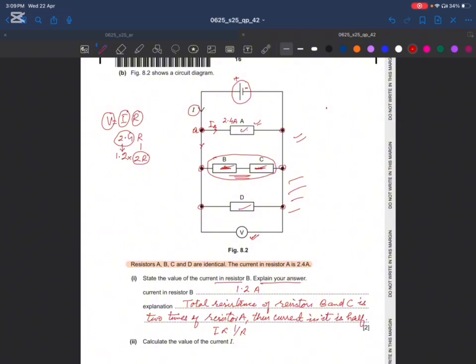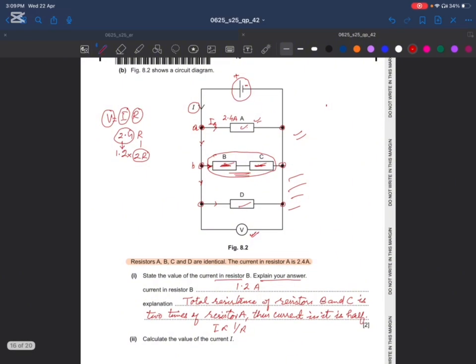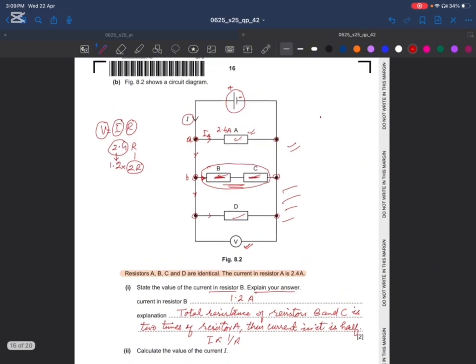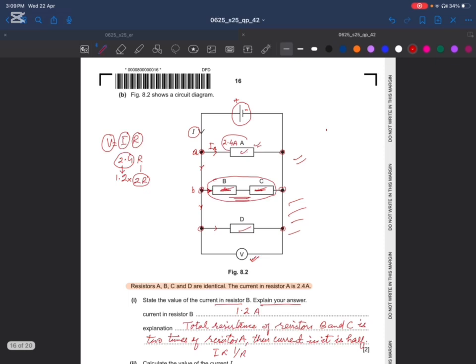Then at this junction, say B, a part will go to the branch B and C, and the rest will go towards D. So again the same logic you can use, that here you have the current of 2.4 ampere. So the same value of current you will have in D.